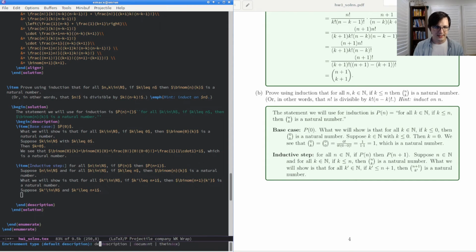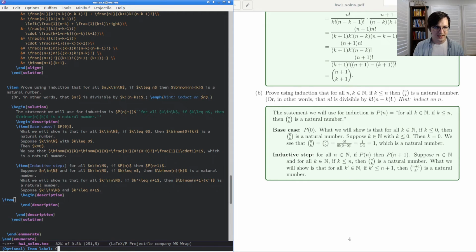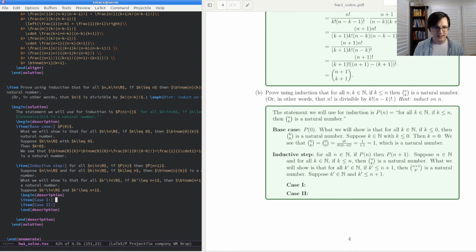And we'll do cases. I wonder if this will render right. We'll see. So case 1 and case 2. Let's check the rendering. Okay, that looks good to me. I just wanted to make sure I indented nicely.